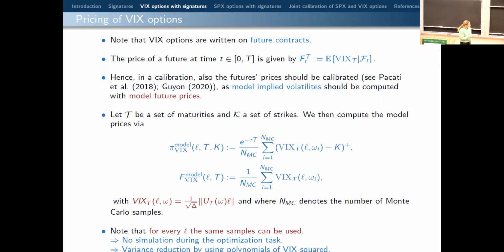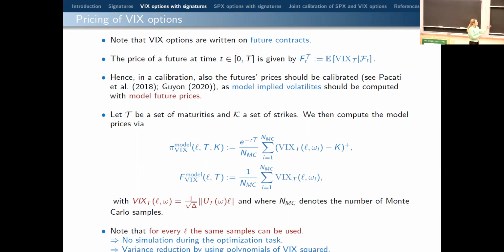What we then do, when we calibrate to call options, is this: this is our model price. We calculate the VIX like I showed you on the slide before, and we do Monte Carlo, because it's tractable in our case.